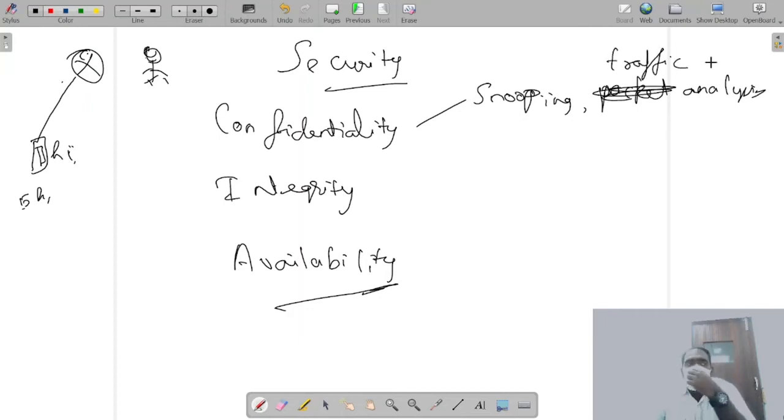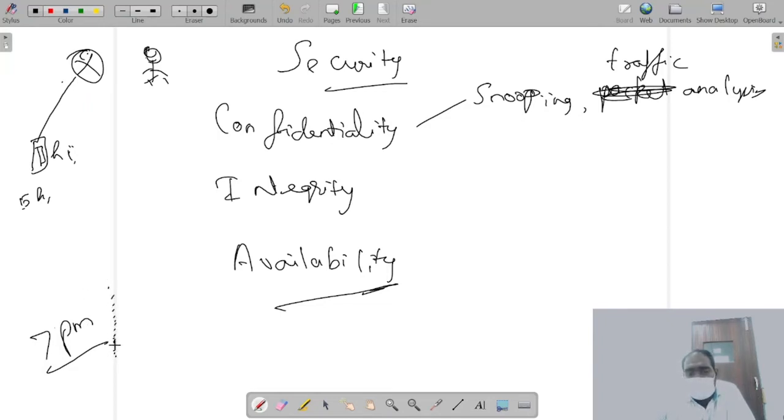Let's say we are also using ISPs, right? Let's say we are using Geo. We are sending all our data through Geo. Let's say we are downloading something at 7 p.m. and we are doing it for 10 minutes on a regular interval.